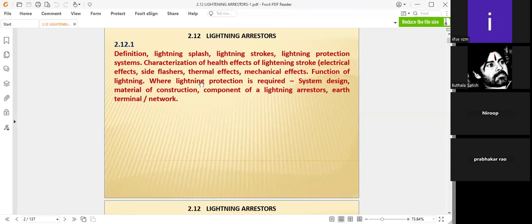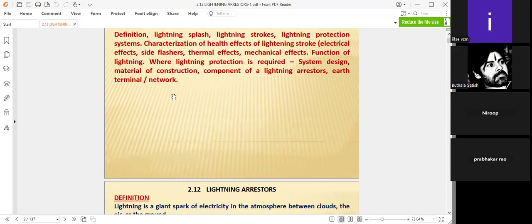Functions of lightning protection, system design, material construction, components of lightning arresters, and earth terminals. Types of lightning arresters are not covered here, but I have covered them, and how much distance is also covered.